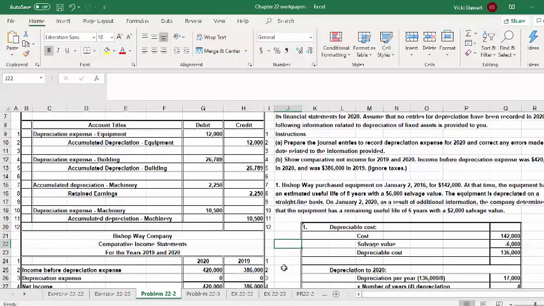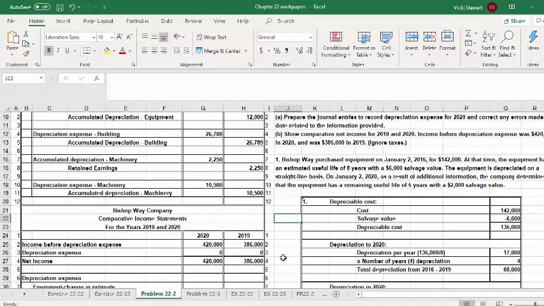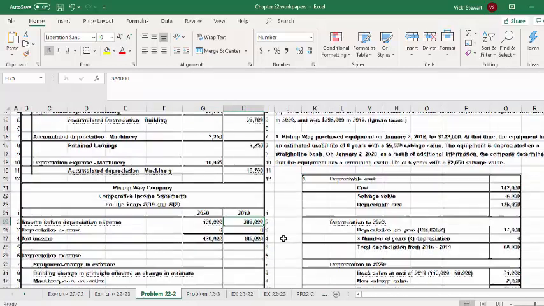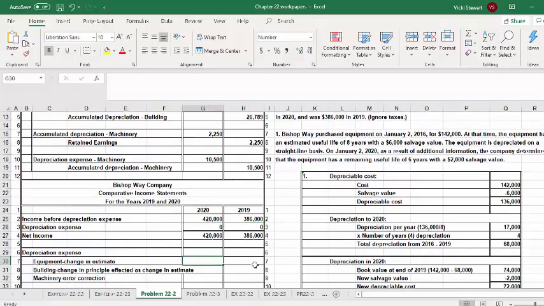And now we're going to do the B portion, which is to show the comparative net income, starting with income before depreciation expense. For both of the years, 2020 was $420,000 and 2019 was $386,000. So for the equipment, that was a change in estimate.